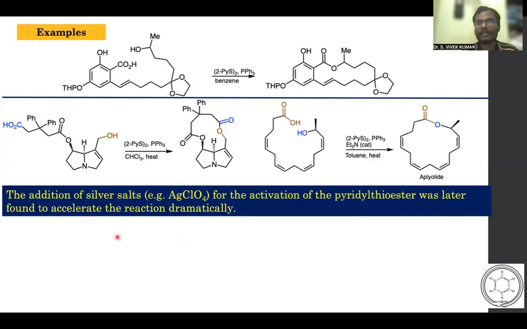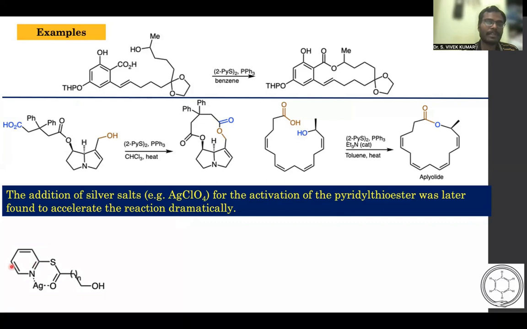Sometimes the addition of a silver salt is necessary in order to boost the reaction. For example, when you add silver perchlorate, it helps to activate the pyridyl thioester, which is found to accelerate the reaction dramatically. When you add the silver perchlorate, it activates the pyridyl thioester like this.